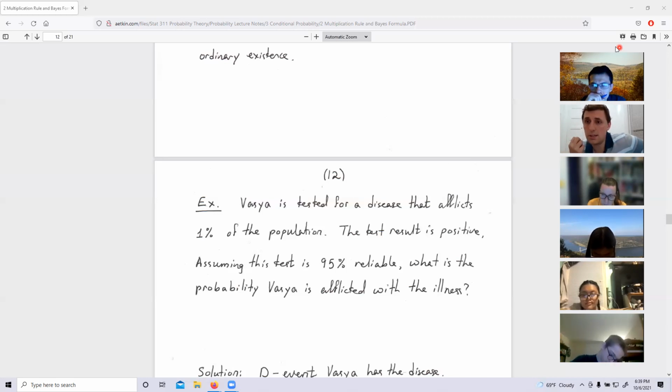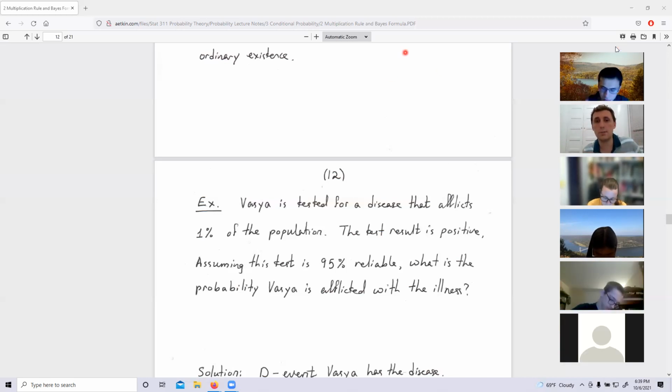Understood what I mean, guys? So it's always given, right? So 95, let's say it's the same in both directions. So what's the probability that Vasya has the disease given this information, that he tests positive?